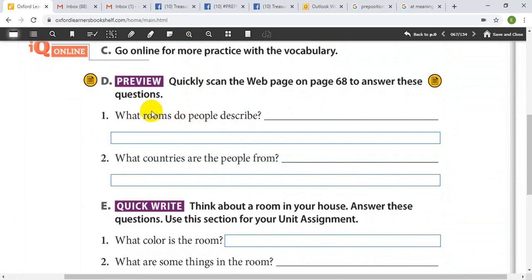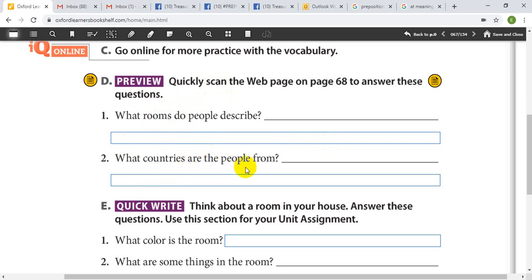So you have to find out which room, every person has talked about their favorite room. So you just have to write the names of that favorite room. It can be bedroom, living room, study room, drawing room, kitchen, anything. So you just have to find out the names of the rooms. So you're going to scan only that.